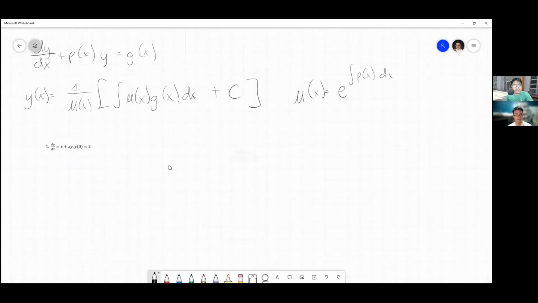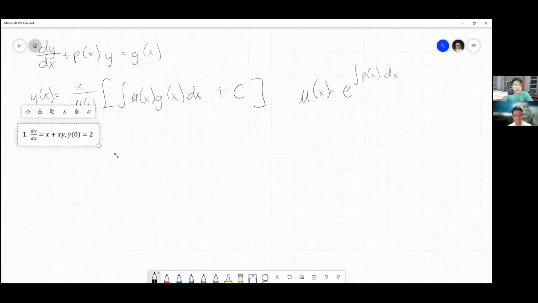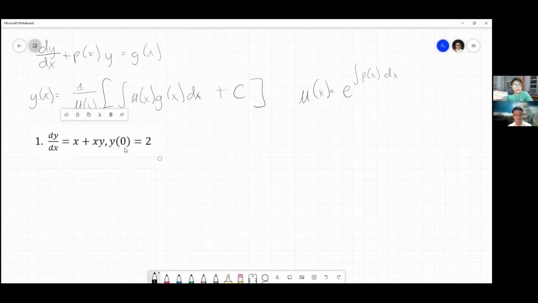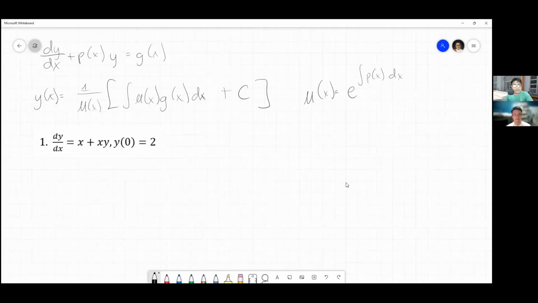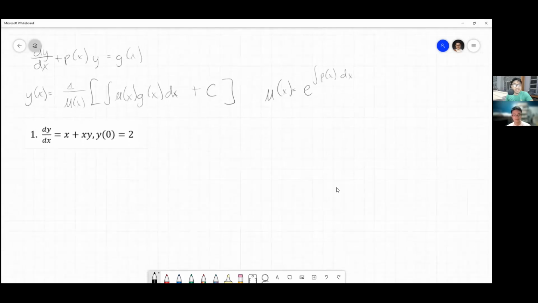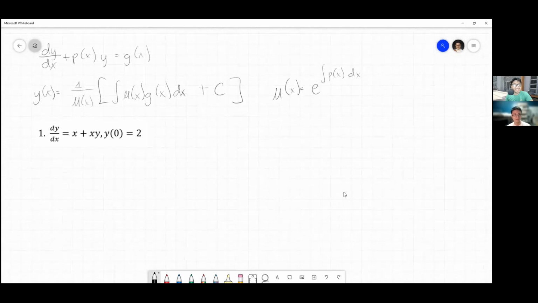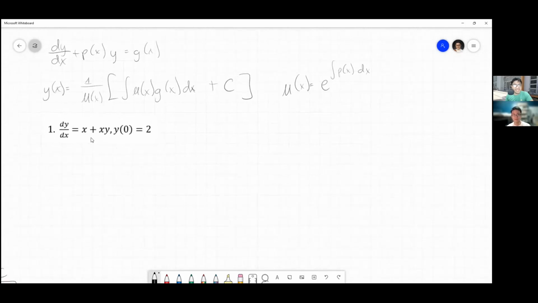Okay, so whiteboard ako naka-share. Ang pinaka-shortcut dito is i-rearrange mo siya into this form, kunin mo si mu of x, then kunin mo si y. Gano'n lang siya kadali. And then substitute mo yung initial condition para makuha mo si integration constant dito.